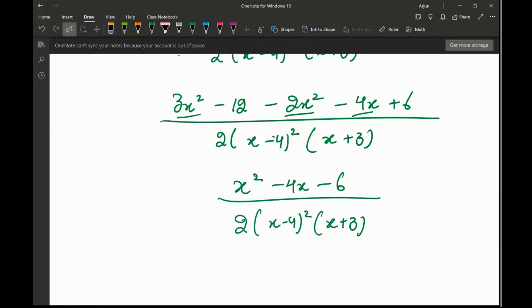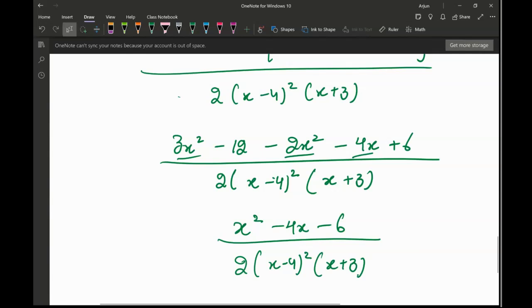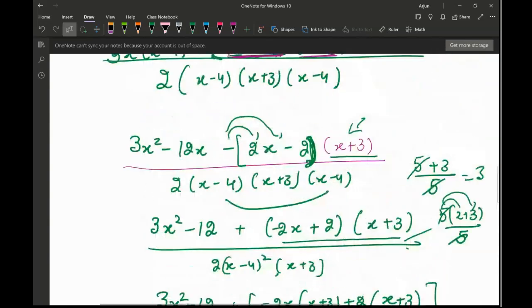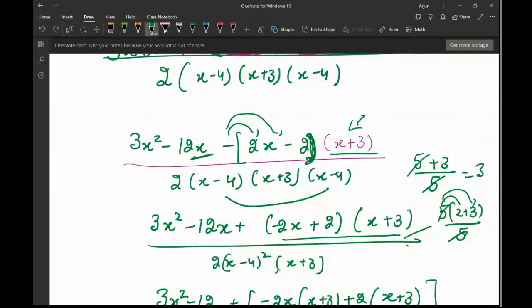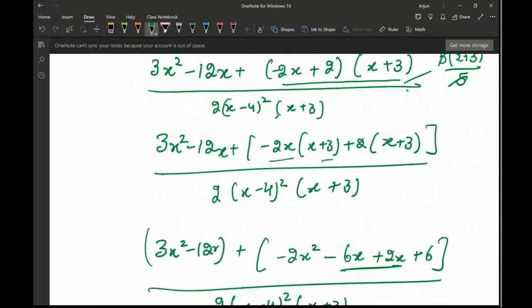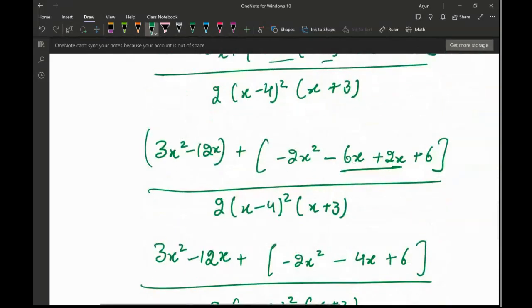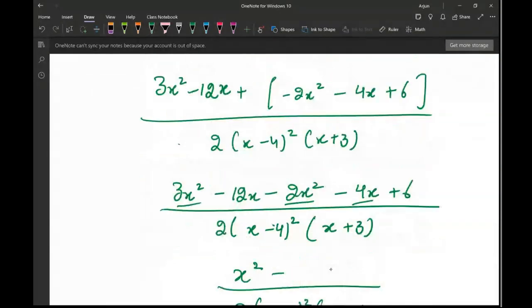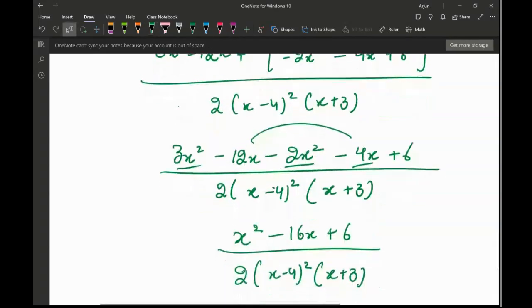I can reduce the top to some of the smaller terms. Here I think I am making a slight mistake. See, I'll keep on leaving this x here. So this was x. So luckily it didn't create much damage to my question. So this was 12x. So here it will change. So this will be 12 and 4 minus 16x plus 6. That's how it's going to look like.